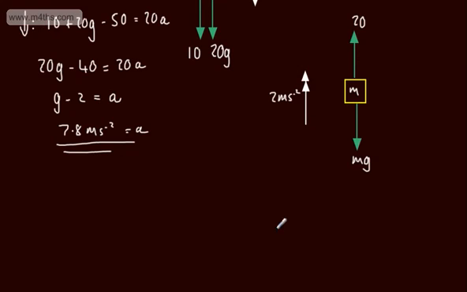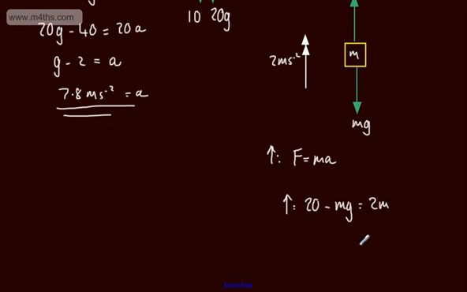Using Newton's second law, F equals ma, all we would do is resolve upwards. Going upwards, we have 20 minus the force mg equal to the mass times the acceleration. The mass is m, the acceleration is 2, so we get 2m. Let's rearrange this.